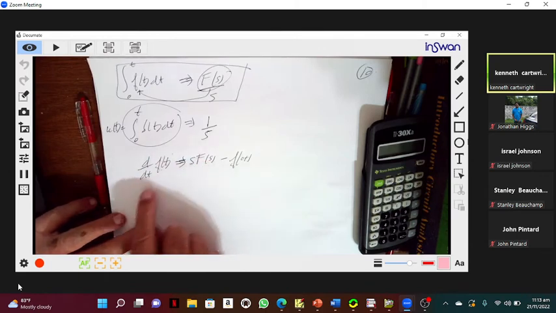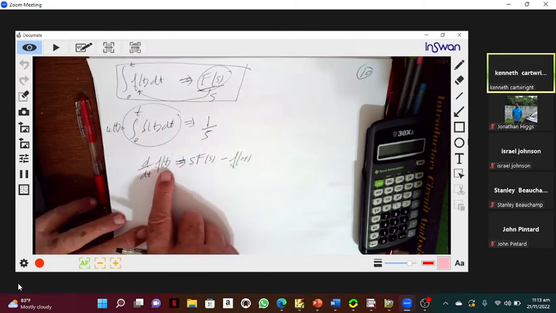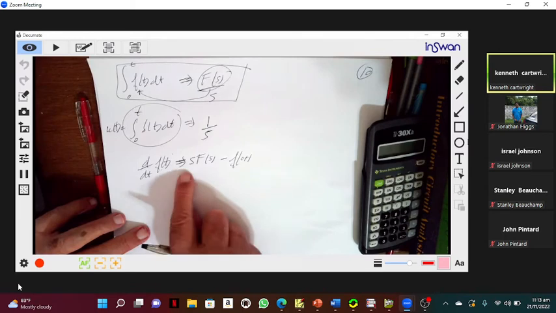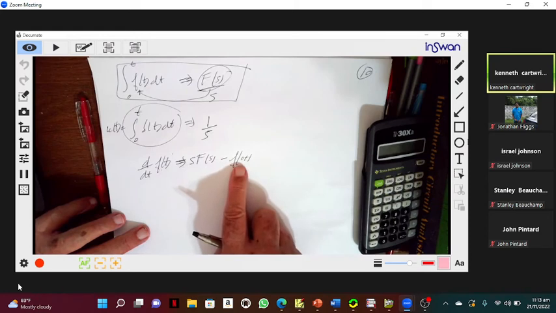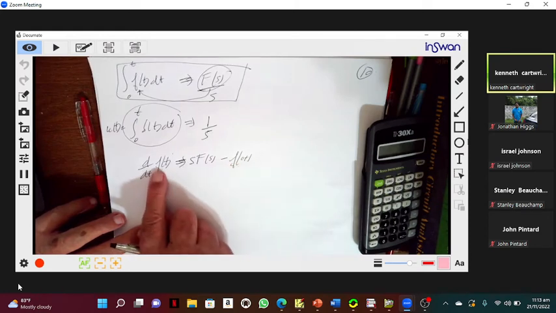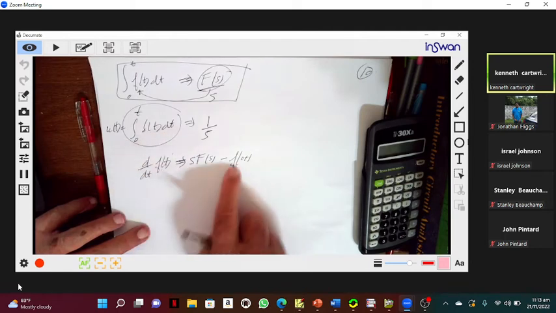When you differentiate f of t in the time domain, what do you do in the Laplace domain? You multiply by s, but you subtract the initial value of the function in the time domain. This is little f.